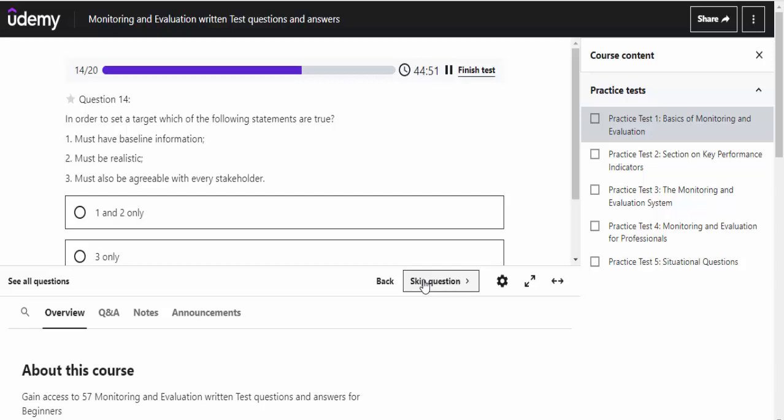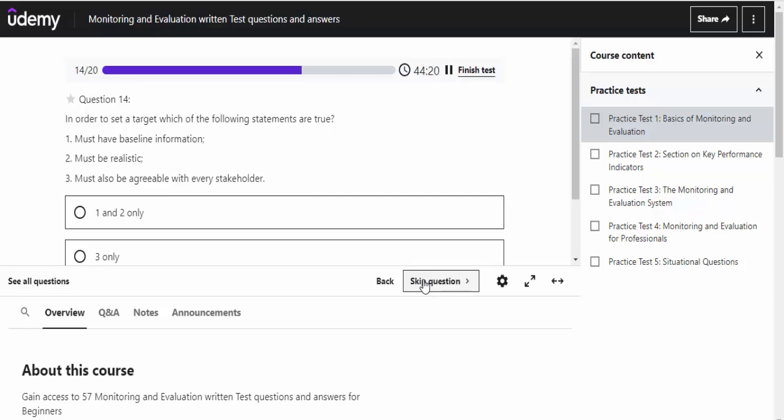Question 14. In order to set a target, which of the following statements are true? Must have baseline information, must be realistic, must also be agreeable with every stakeholder. Now, target setting. I've seen people set targets the wrong way. They set targets that are not realistic, not attainable, and don't even have a basis.